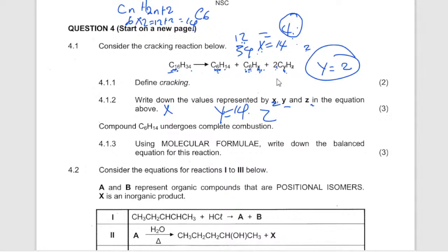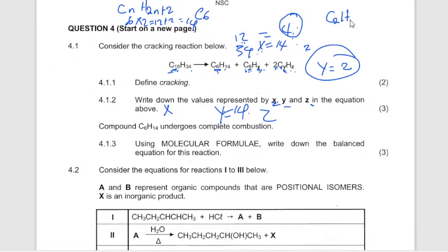Now, Z is going to be what? Now I have this carbon atom. There are 2. So if there are 2 here, then definitely this is times 2.